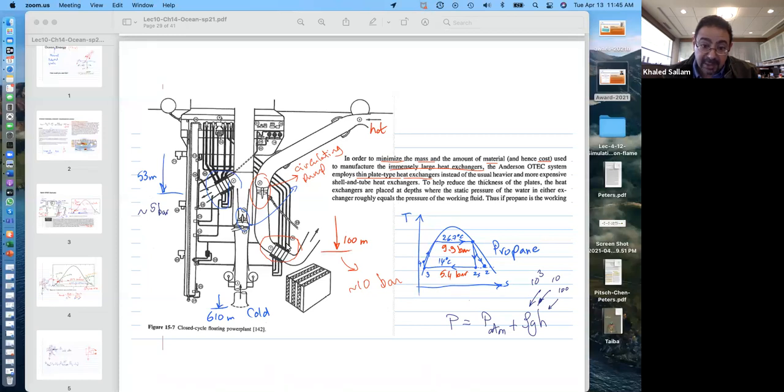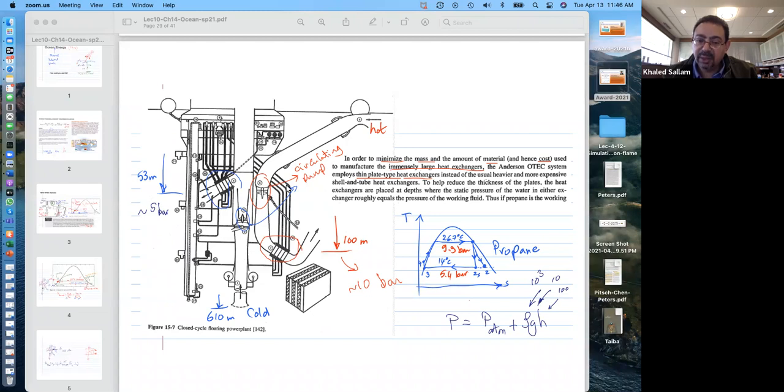Okay, so the Rankine cycle is running between the evaporator, say at 9 bar, 9.9 bar, and the condenser, which is running at say 5 bar, whatever the fluid is. If we put the evaporator here and the condenser there, then the cold water only goes this far down from the surface, 50 meters, and the pressure on both sides of the heat exchanger will be 5 bar.